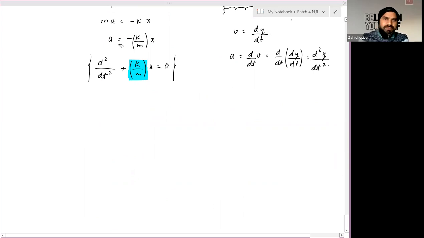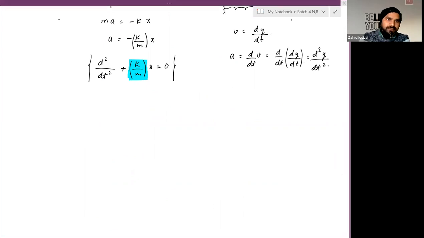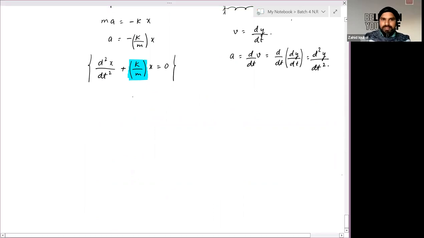I'm calculating in terms of y, not x. So on comparing these two equations, you will get omega square equals k by m, or k equals m times omega square. That's why I've written the value of k in potential energy in the above part as m omega square.